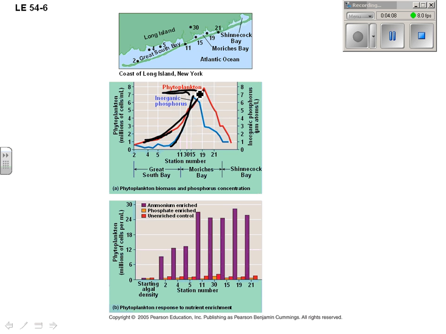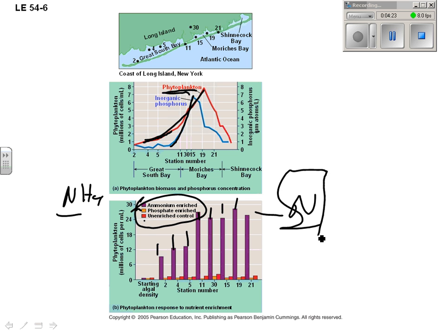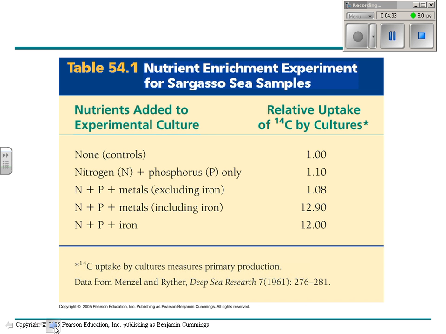And if you look at when they enriched it with ammonium, which is NH4, high nitrogen, they enriched it with phosphate, and they had unenriched controls. And look at which one it is. It's the nitrogen. We'll come back to this again. This experiment proves it's nitrogen that is the limiting factor, if you will, in driving population of phytoplankton.